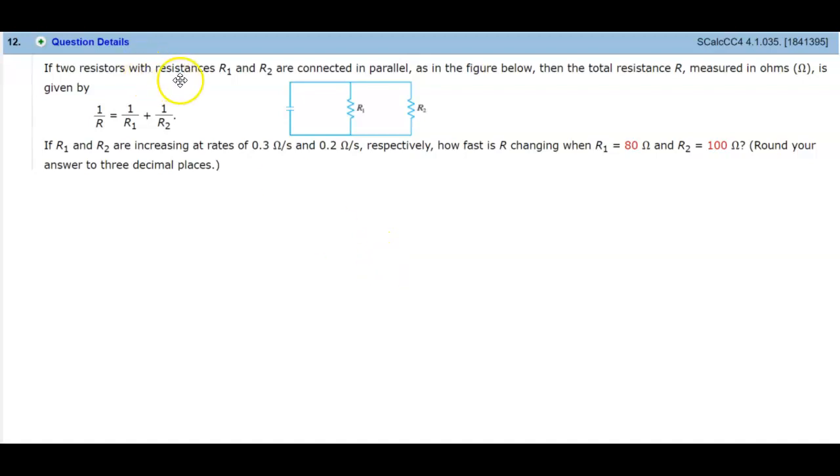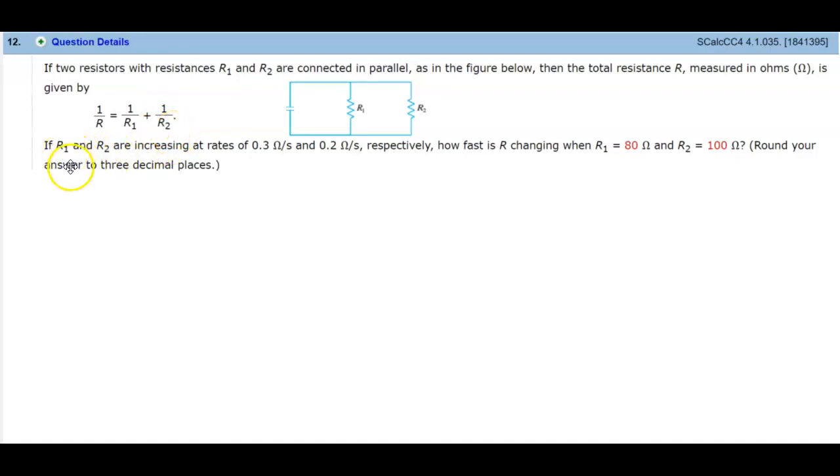If two resistors with resistances R1 and R2 are connected in parallel, as in the figure below, then the total resistance R, measured in ohms, is given by the following formula: 1 over R is equal to 1 over R1 plus 1 over R2.